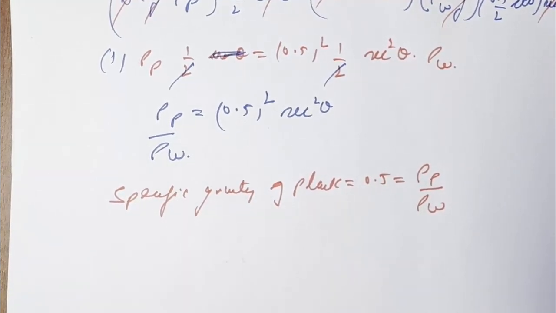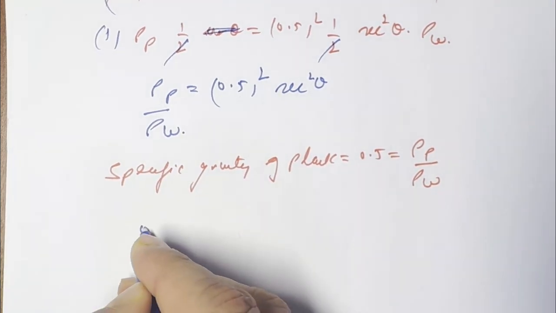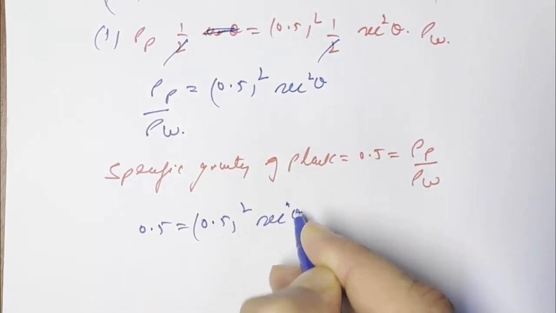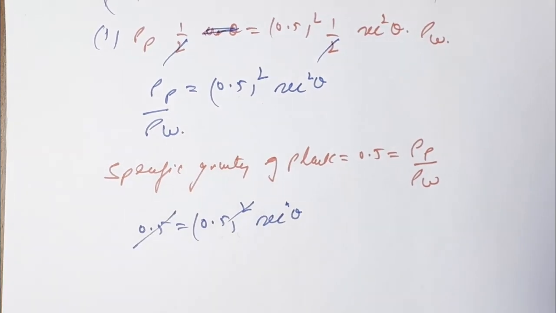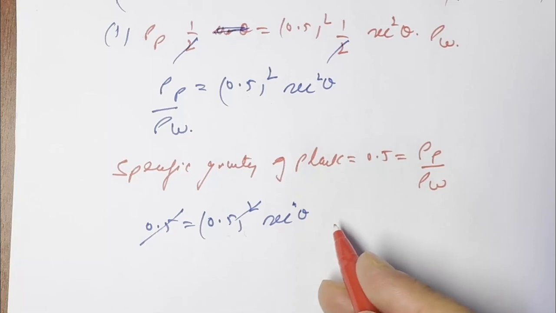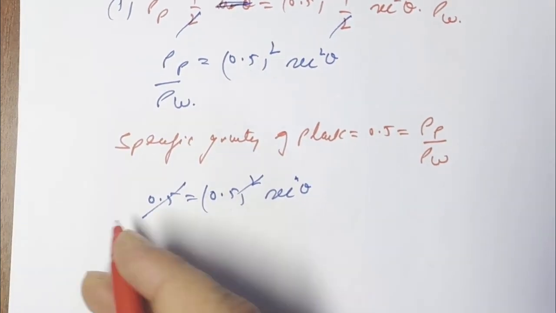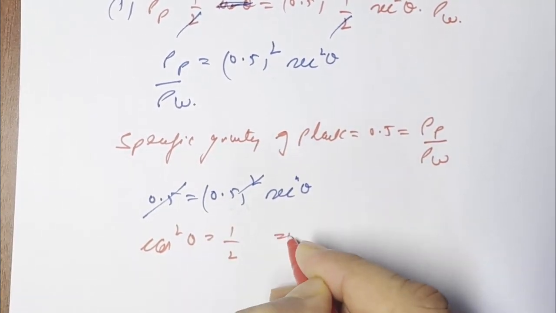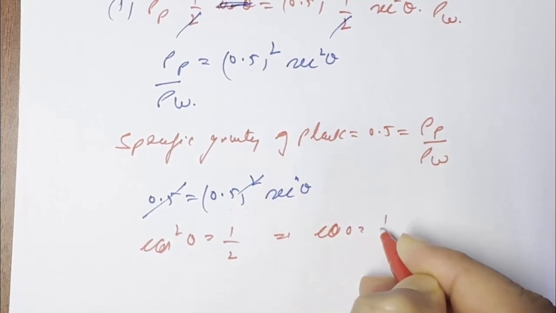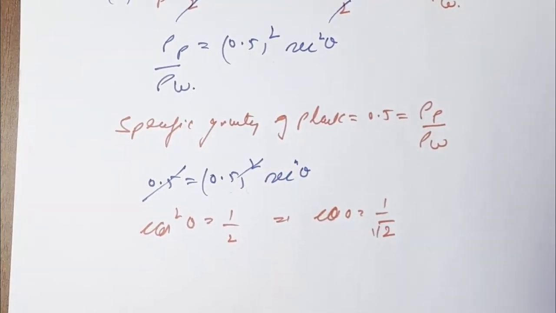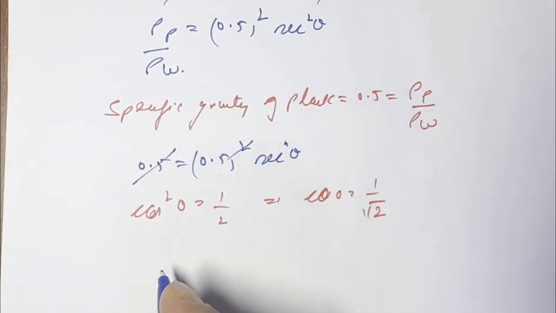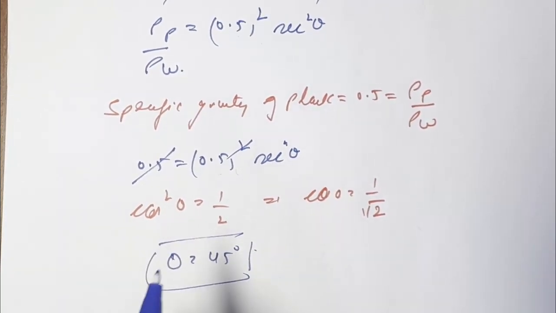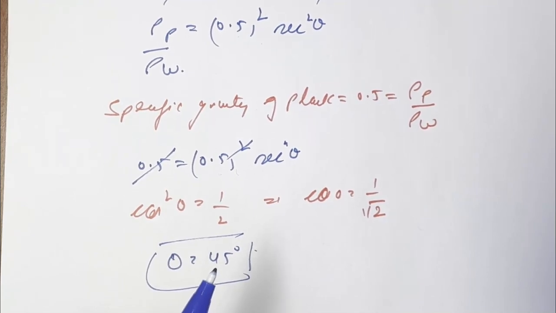So we substitute here, we get 0.5 is equal to 0.5 square secant square theta. Square goes with this 0.5, and we are left with secant, which will now be cos. So we get cos square theta is equal to 1 by 2. So this gives cos of theta is equal to 1 upon square root of 2, and this finally tells us that theta will be equal to 45 degrees. This is the angle in equilibrium position with vertical.